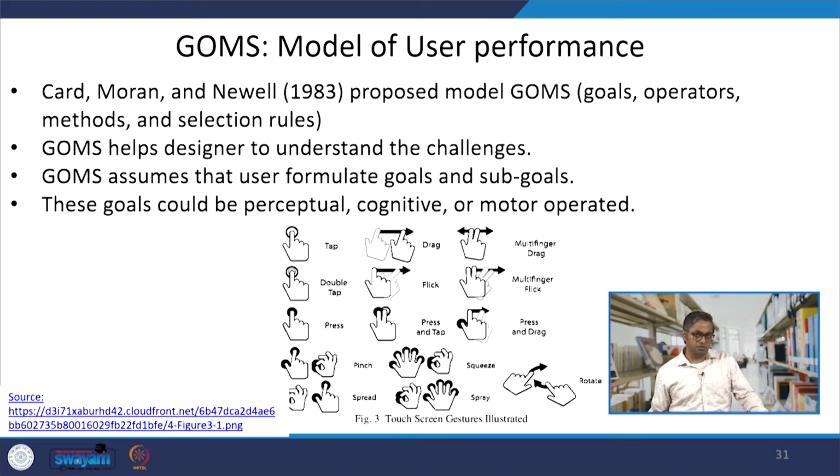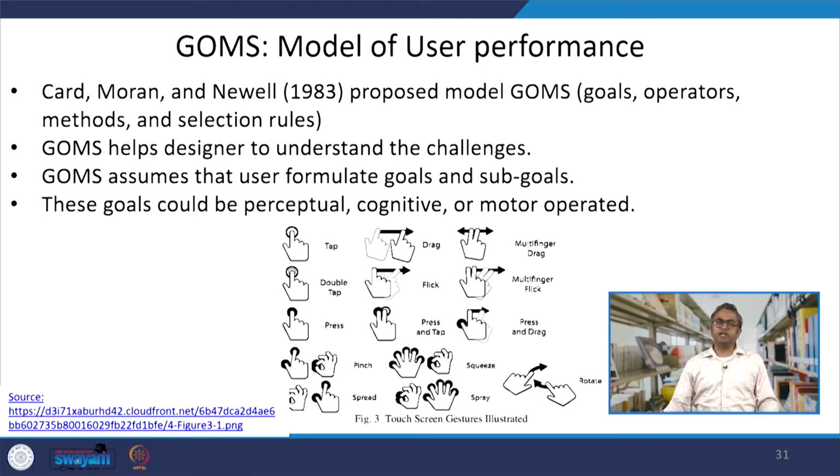What is the goal? If the goal is to get a glass of water from the kitchen, then certain operations need to be performed, certain actions need to be performed, and based on this action and performance, people meet the goal.